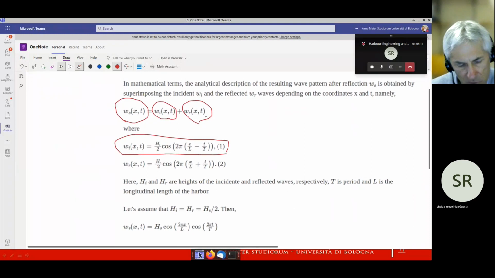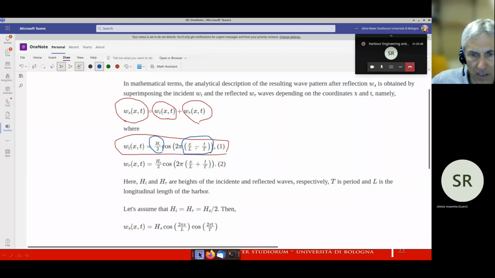So for a given fixed position x, we have variability in time, and for a fixed time, we have variability along x, okay? And then we describe the wave by first putting the amplitude here, and the amplitude is given by the wave height divided by 2, as we know. And then amplitude multiplied by the cosine of 2 pi, and here we have the dependence on space and time.